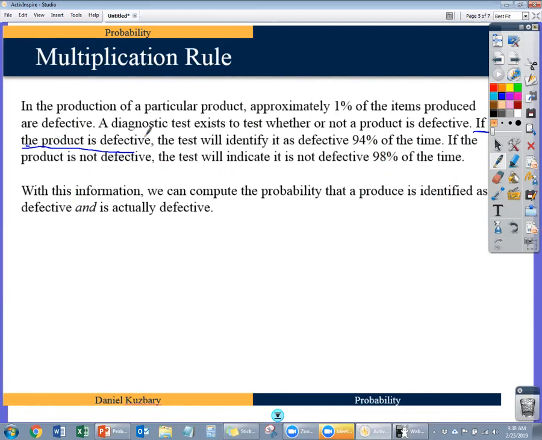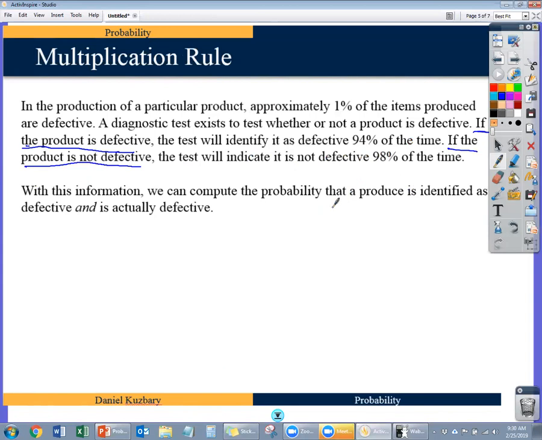So given the product's defective, this is the chance that it's going to be right. If the product's not defective, do you see that conditional idea? If it's defective or if it's not defective, what I've underlined in blue are the conditions. They're the things that are given. Given this event, the test is going to do this. Given that event, the test is going to do this.